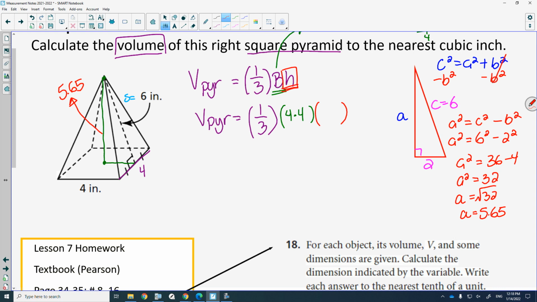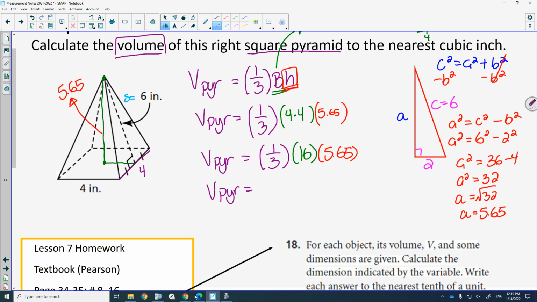So the height is what we just figured out. Volume of pyramid is equal to 1/3 times 4 times 4, which is 16, times 5.65. Actually, we should have just entered it at that stage. Let's figure out what that is.